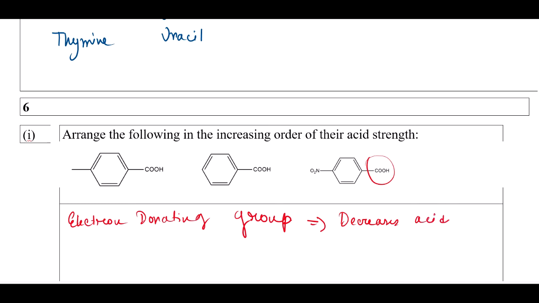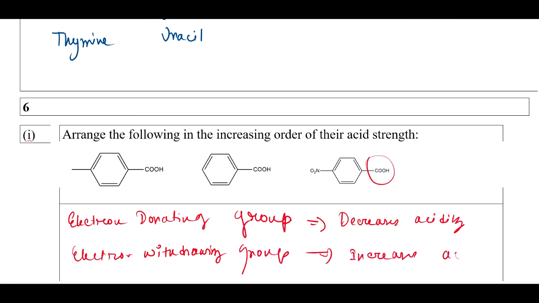But whenever we have an electron withdrawing group, it will increase the acidity.